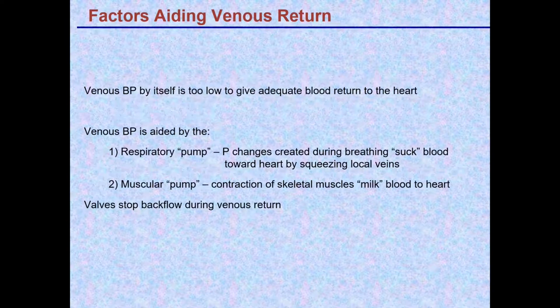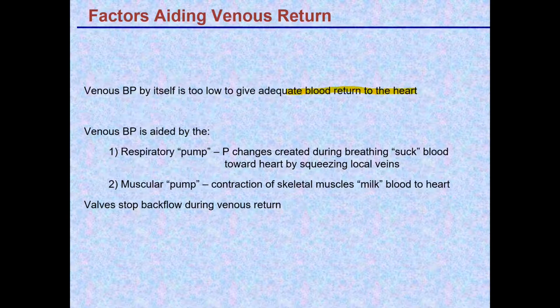Despite that low pressure gradient driving blood back to the heart, despite the fact it's only 20, the venous side of the circulation has certain characteristics that help move the blood along and give adequate venous return to the heart.